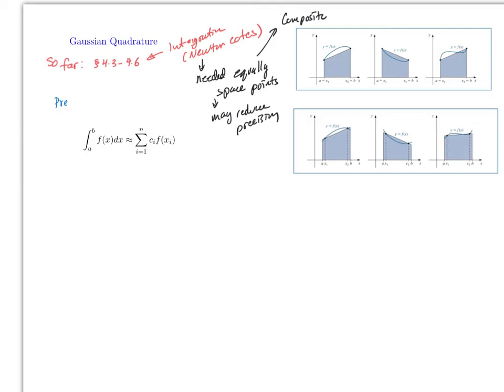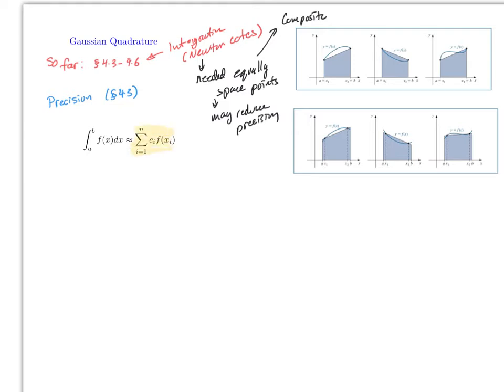So you should look at that again, because we're going to look over precision multiple times. So the Gaussian quadratures will have the following form.